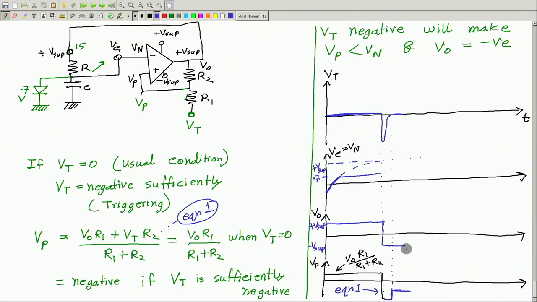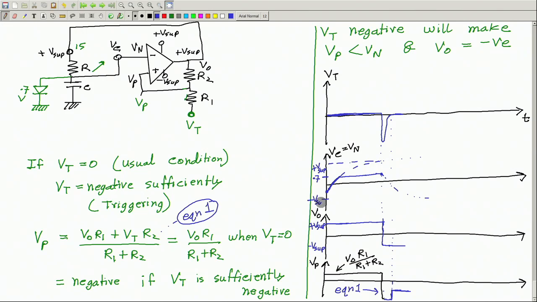But there is another thing which has started to happen by now. What is that? That is the fact that this negative voltage is now making the capacitor negative. So, this voltage will try to come down towards minus V supply.